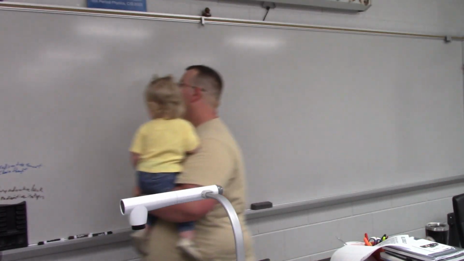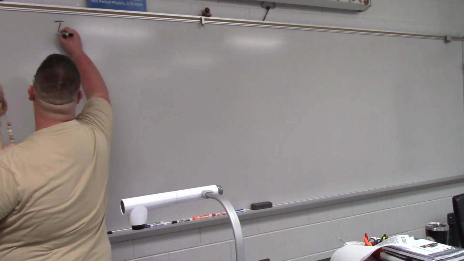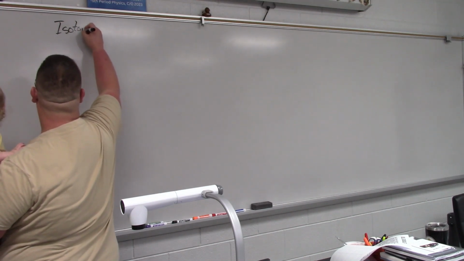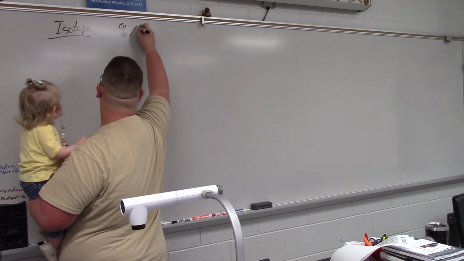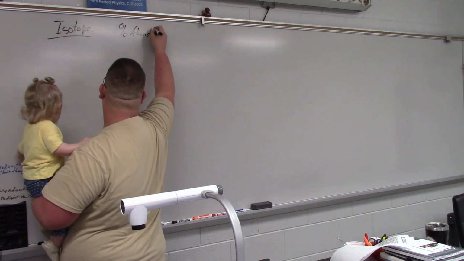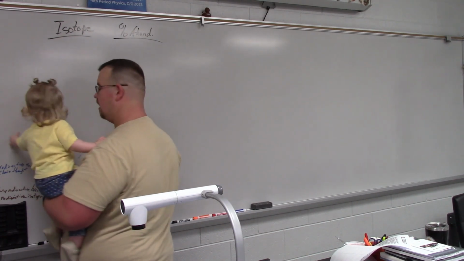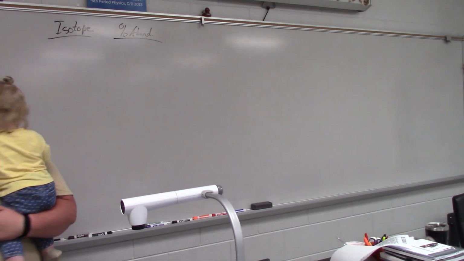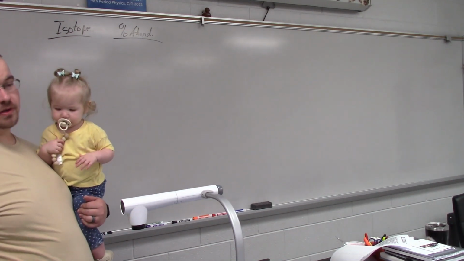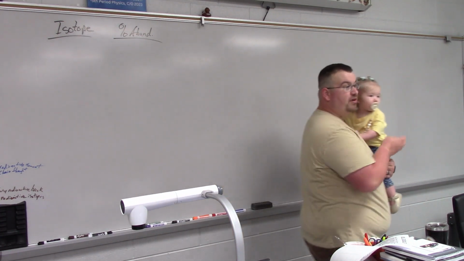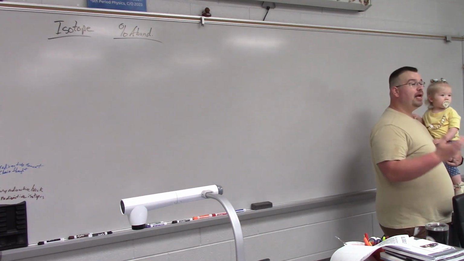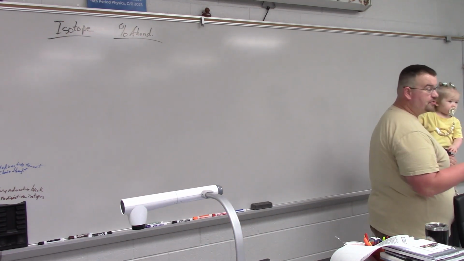So remember, you're going to have the isotope and the percent abundance. But here's the fun part, where life becomes interesting. And I'll go ahead and show you where this can become more difficult. I may not give you an actual element.